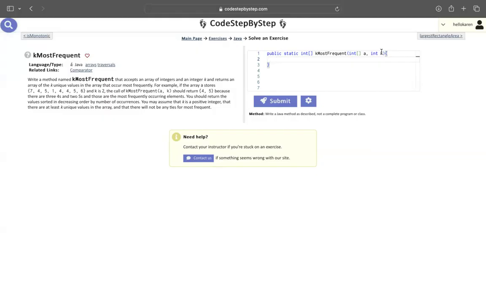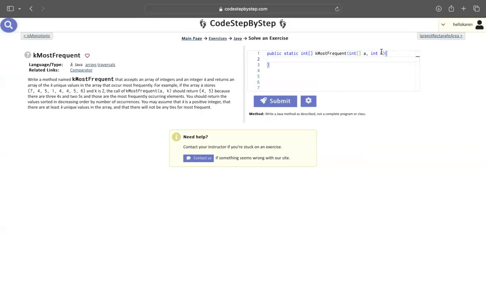So we've made our method header. Now what should we do? So we understand what the question is asking, right? They're gonna give you an array of numbers and a number k, and they basically want you to look at the array and see how many times each number shows up, and then return the k most frequent numbers.